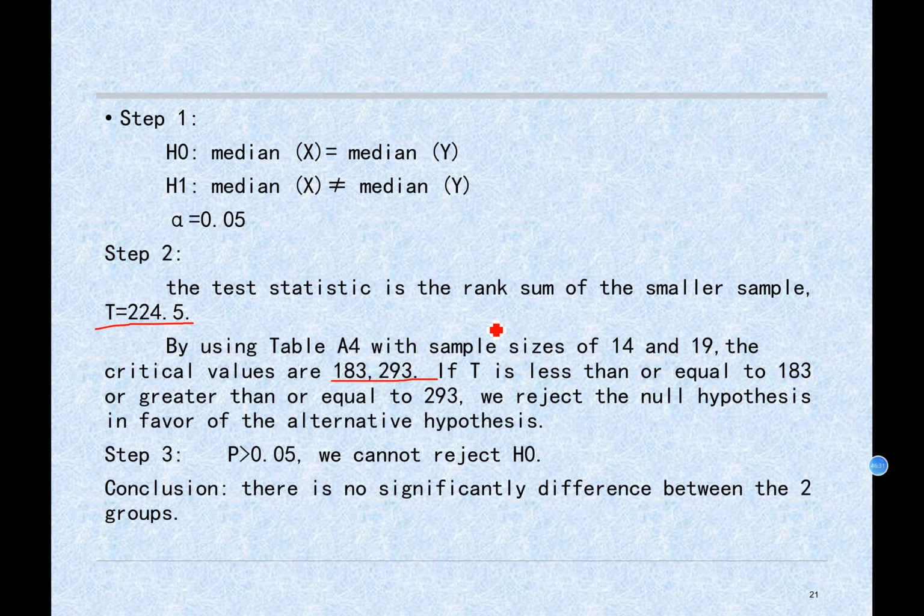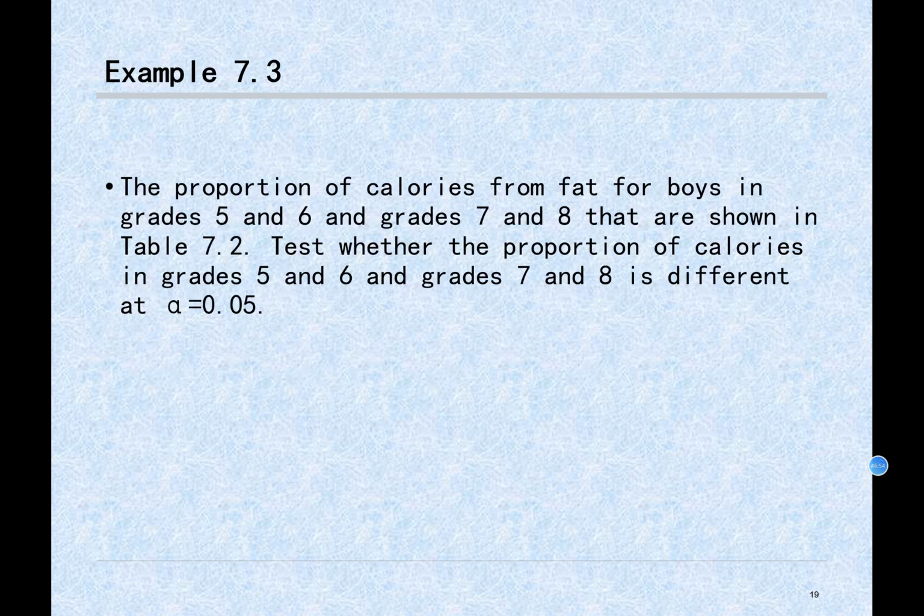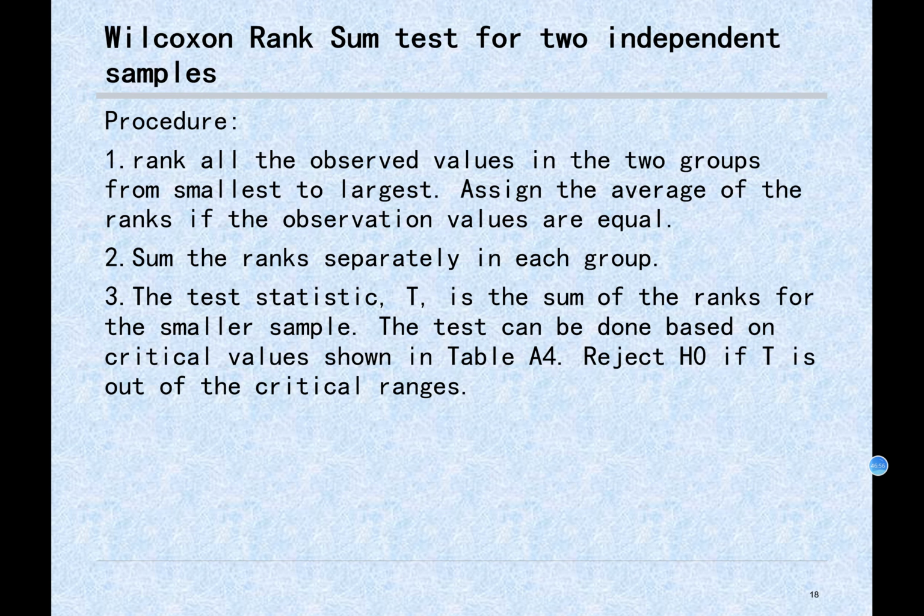But in this question, we cannot reject H0. So the conclusion is there is no significant difference between the two groups. So that is the procedure of hypothesis test for two independent samples test. And the name of the method is Wilcoxon rank sum test for two independent samples.